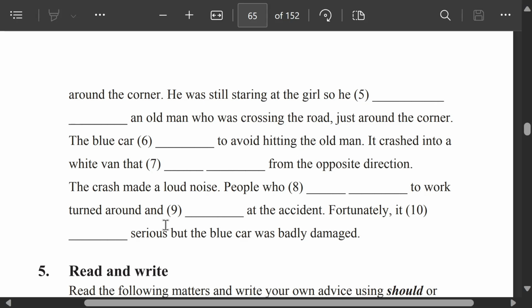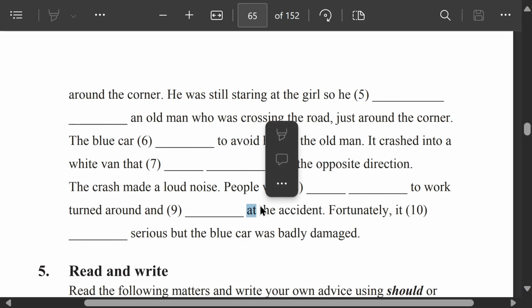Turned around, yeah, and did what at the accident? They and saw at saw. If it was saw, we would not say at. You would say and saw the accident without at. This is something in English you have to kind of slowly understand. Some verbs are used with some words and some verbs are used with different words.